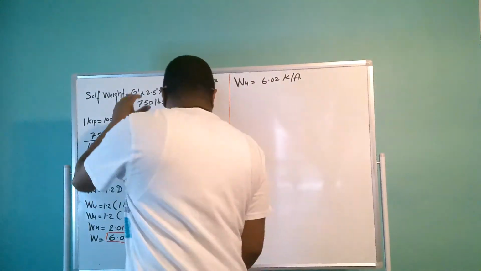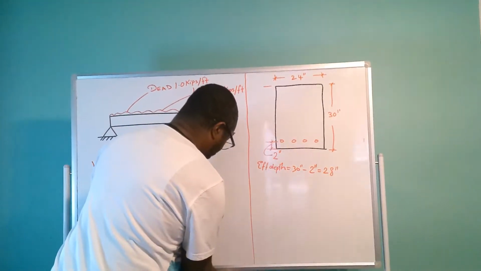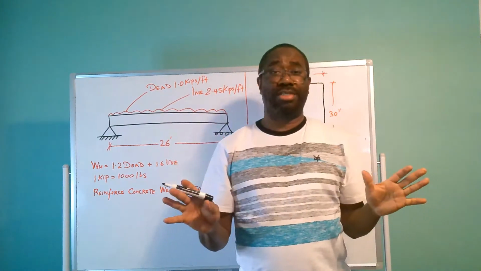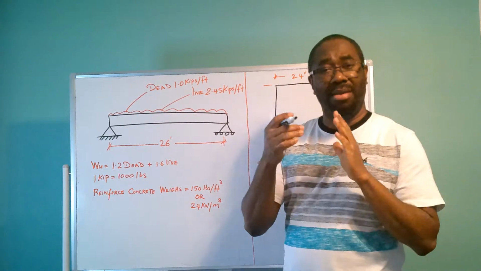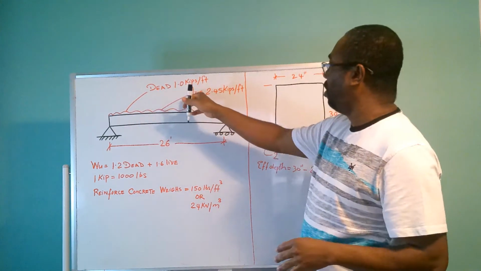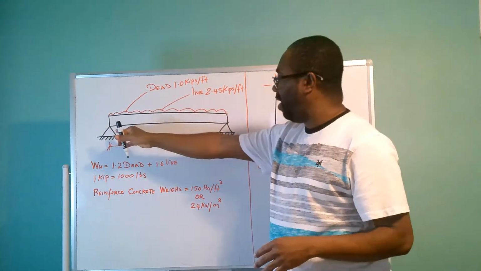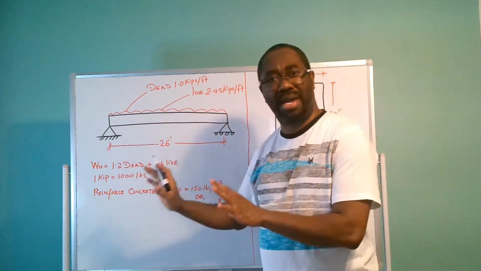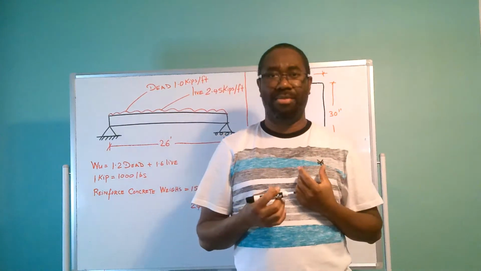And I've showed you in my previous calculation that there are two approaches to calculate the maximum shear force and the bending moment. You can either convert this UDL into a point load, find the reaction, plot your shear force, and then plot your bending moments to determine the maximum bending moment.